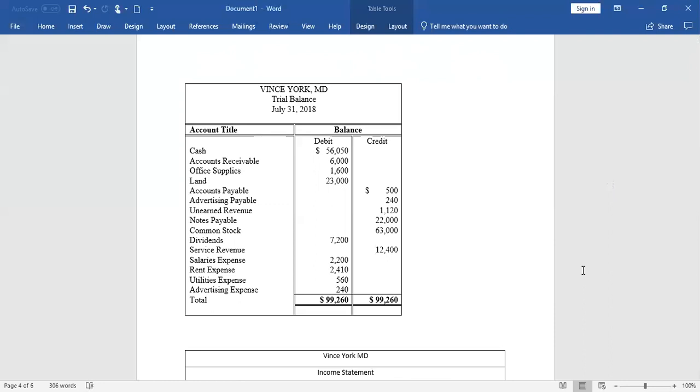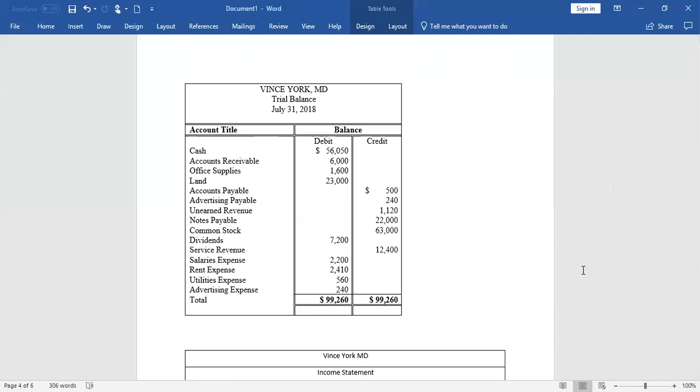So we're going to start with Vince York, MD, trial balance. Here's the balances of its accounts on July 31st, 2018. Please keep in mind, two things I'm looking for on the test. You put these accounts in a certain order. Assets should be grouped together and listed first, then liabilities.